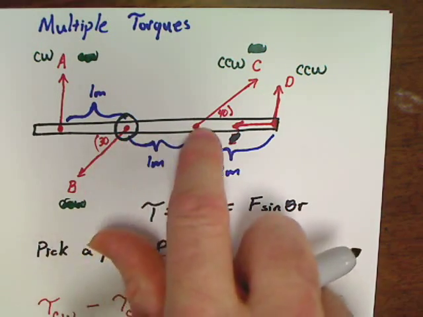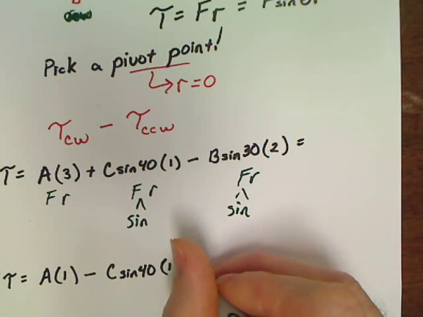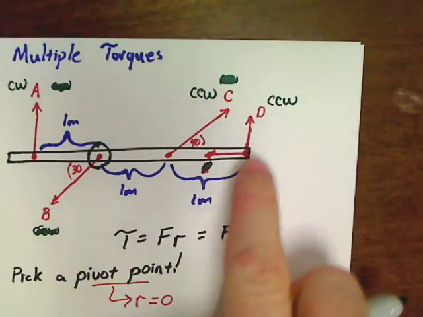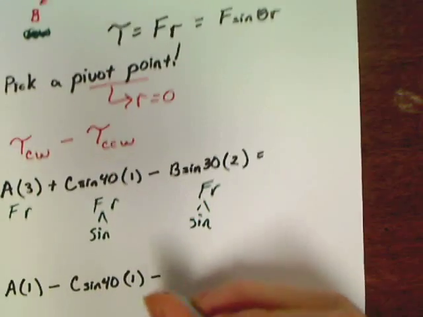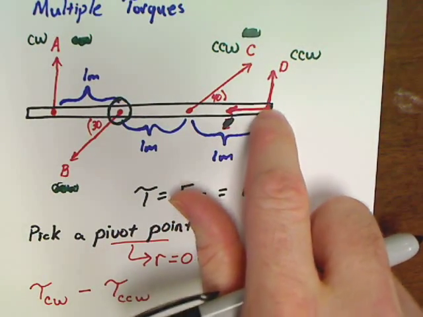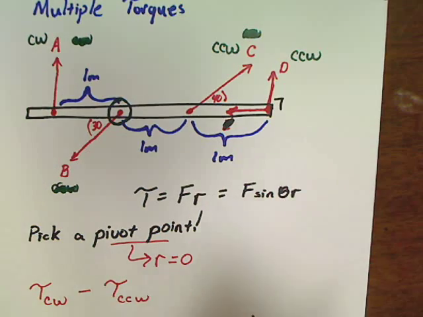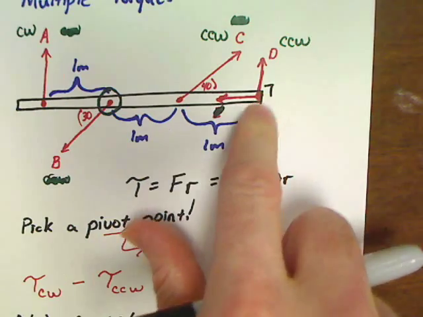And now, how far is C from the pivot point? Well, it's 1. So I'm going to write times 1. And then I'm going to write minus again, because this other force is also counterclockwise. So minus D. And I don't need a sine, because if you look in the picture, D is perpendicular. So D, now how far is D from the pivot point?